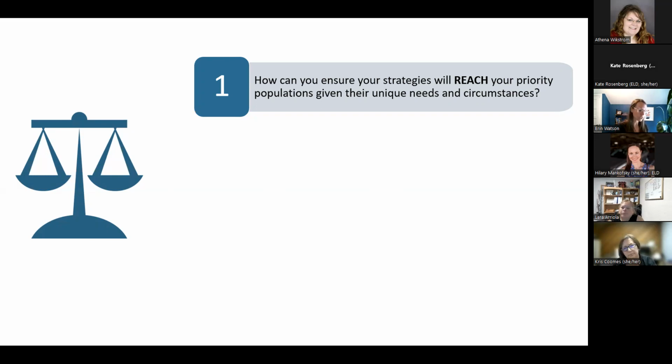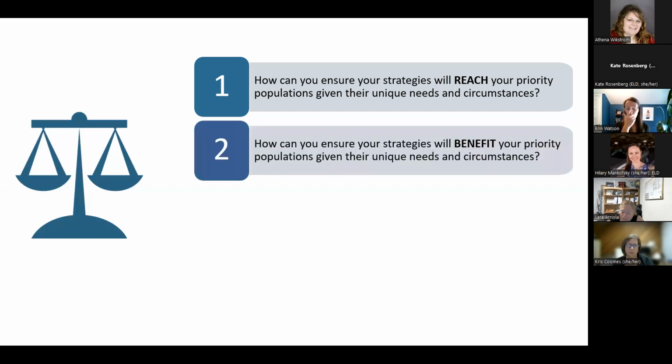So if you're trying to focus on improving quality or other types of accessibility, but you're only focusing on childcare settings that are reaching a subset of families, without focusing on other childcare programs that might be reaching more priority population settings, again, you're going to fall into that trap of creating more social inequity. So you have to think really carefully, will this strategy equitably reach priority populations given their unique needs, unique circumstances.